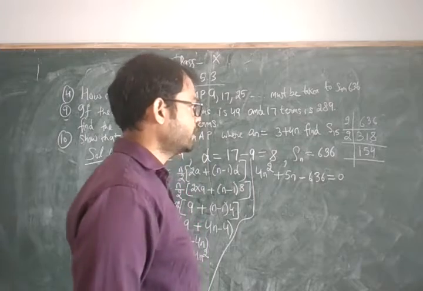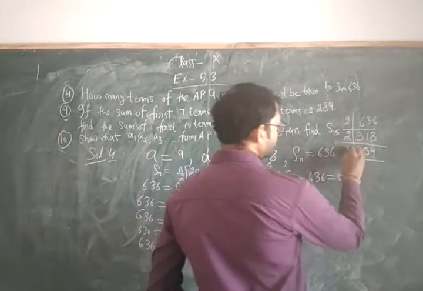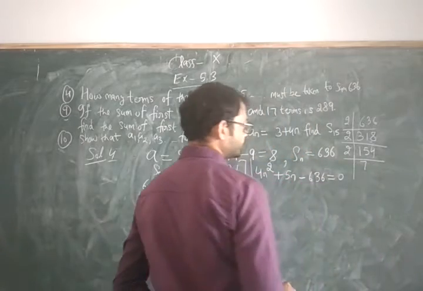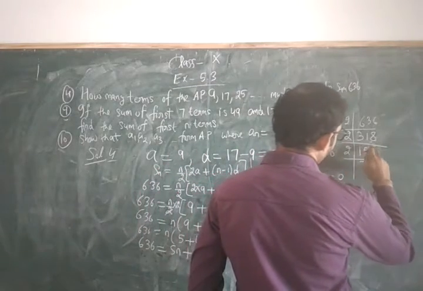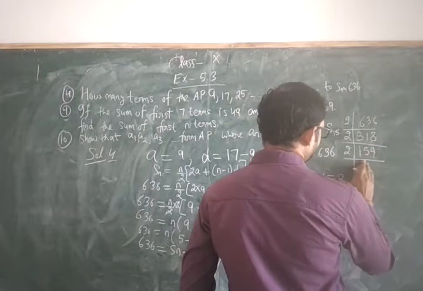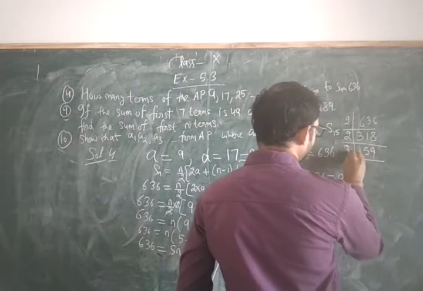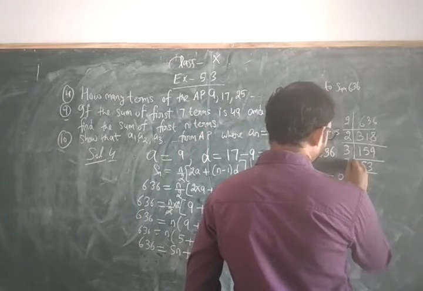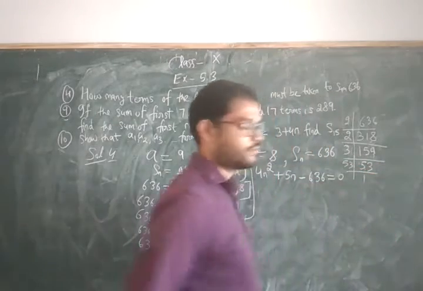After this you can divide again by 2. So 2 sevens are 14. Now you can divide by 3. 3 fives are 15 and 3 threes are 9. 53 is a prime number.